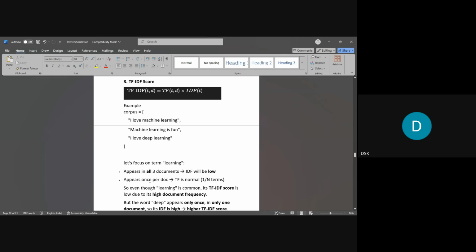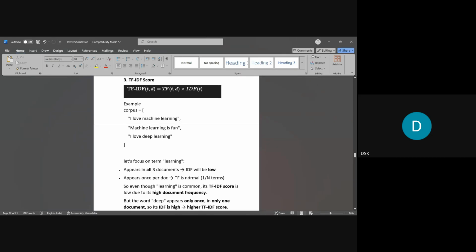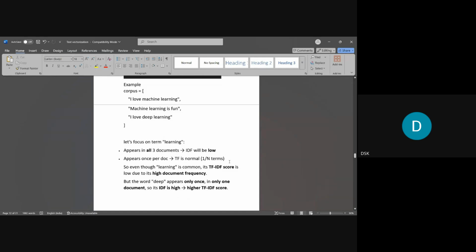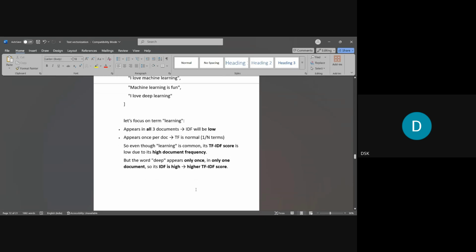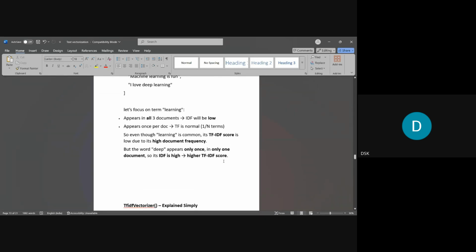But it appears once per document, so TF is normal, that is 1 by n terms. So even though learning is common, its TF-IDF score is low due to its high document frequency. But the word deep appears only once in one document, so its IDF is high. That means a higher TF-IDF score.